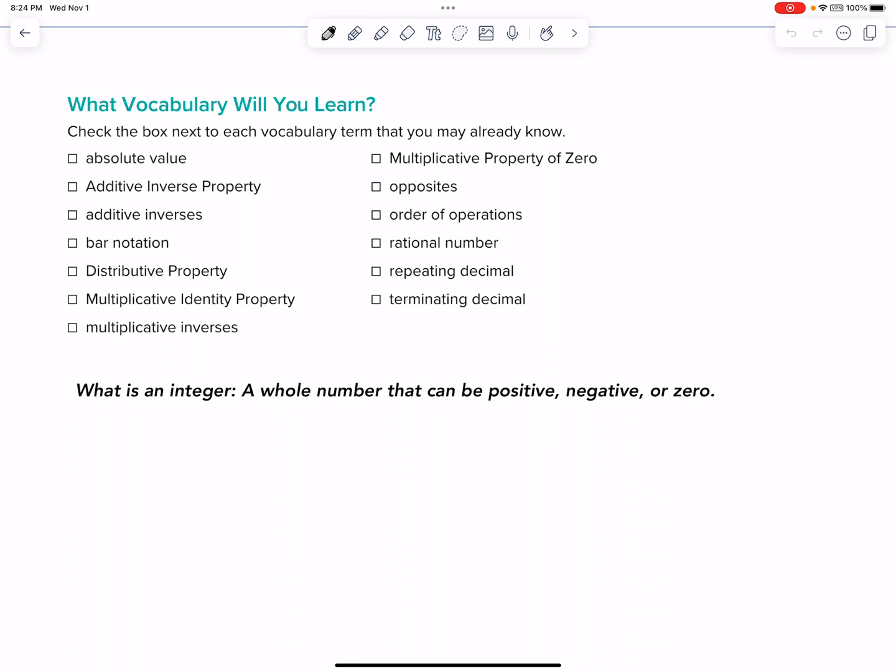We're going to be dealing with absolute values, additive inverse property, some other properties as well, bar notation, getting into some distributive property, and especially order of operations to solve expressions and equations. And then the rest, some of those are pretty familiar to you.